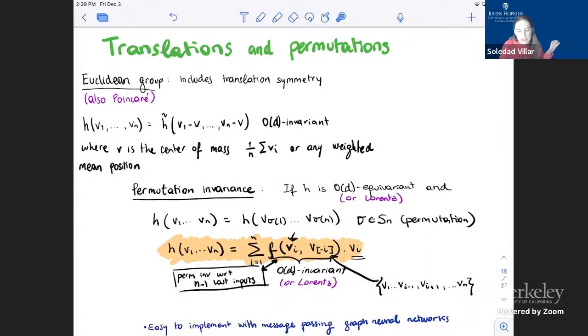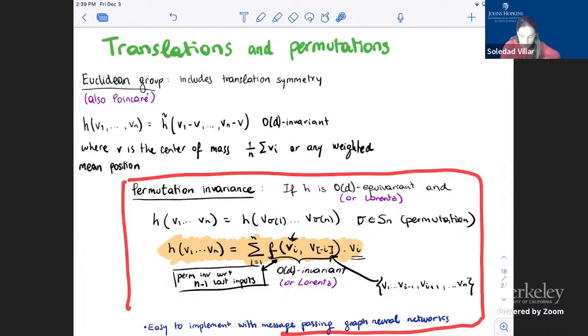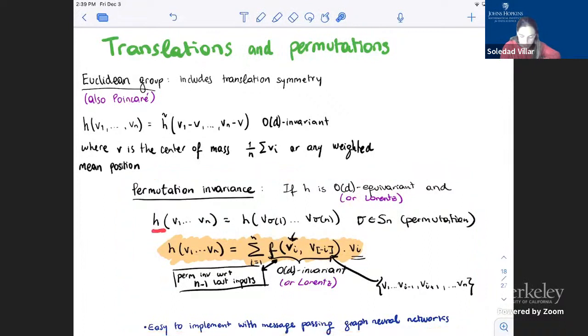This is very easily extendable to translation equivariance, as you may imagine, because you can think of differences of the input vectors. And something maybe interesting is that you can write permutation equivariance as well. Say you have a function h that is OD equivariant and also permutation invariant, meaning that if I apply a permutation to the input vectors, the function doesn't change.